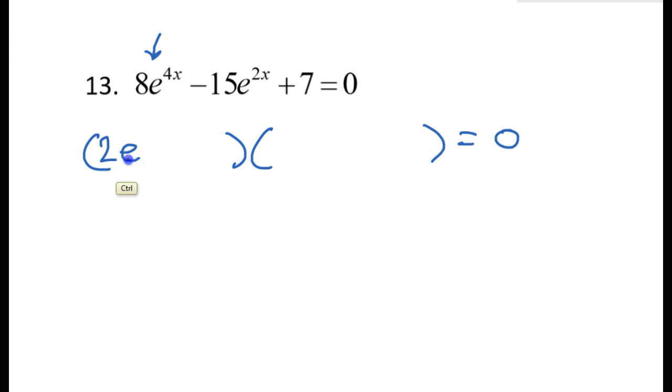So this would be 2e to the 2x power times 4e to the 2x power. And then I've got 7, which can only be 1 times 7. Now the order matters, so if it doesn't work out with 1 and 7, I will try 7 and 1. If neither one of those works out, then I will go back and mess around with 8 and 1 instead of 2 and 4. So I got a lot of options to play around with.